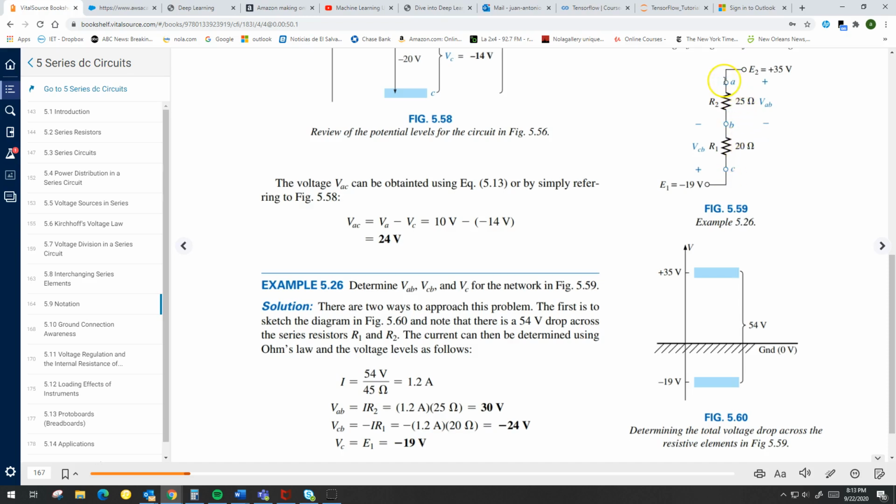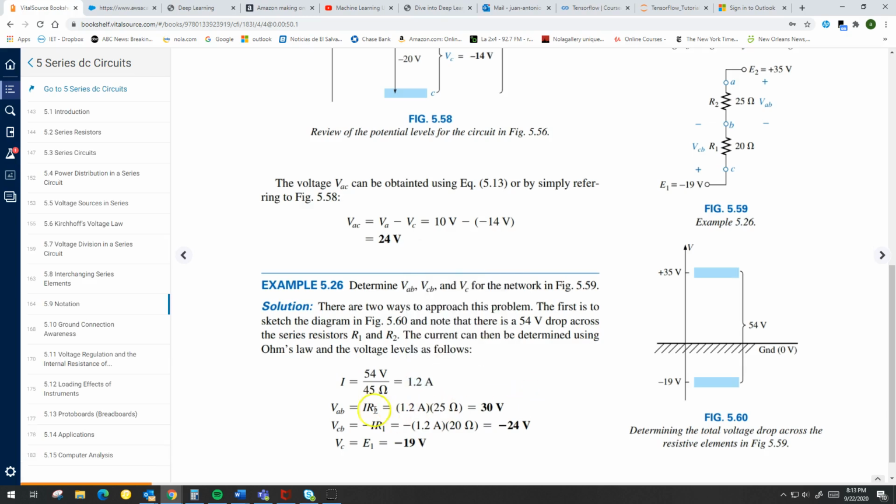And if you were to measure that voltage, you will measure 54 volts, because one side is connected to the 35 volts and the other one is connected to the minus 19 volts. But again, the total voltage is 54. So the voltage across the 2 resistors is 54 volts. So dividing that by the sum of the 2 resistances gives you the current, see? And if we apply Ohm's law, then it's very easy to find VAB, which will just be that current times 25 ohms, and VCB, which is the current times 20 ohms.